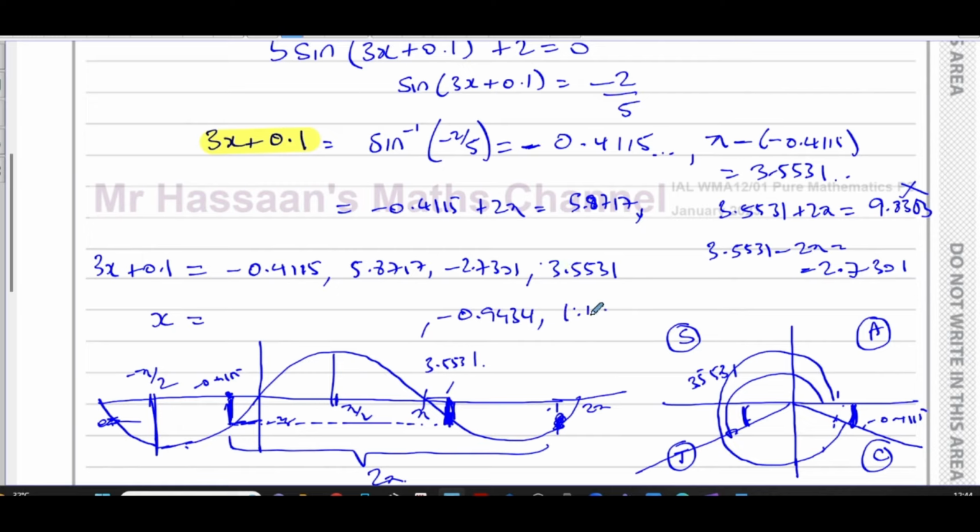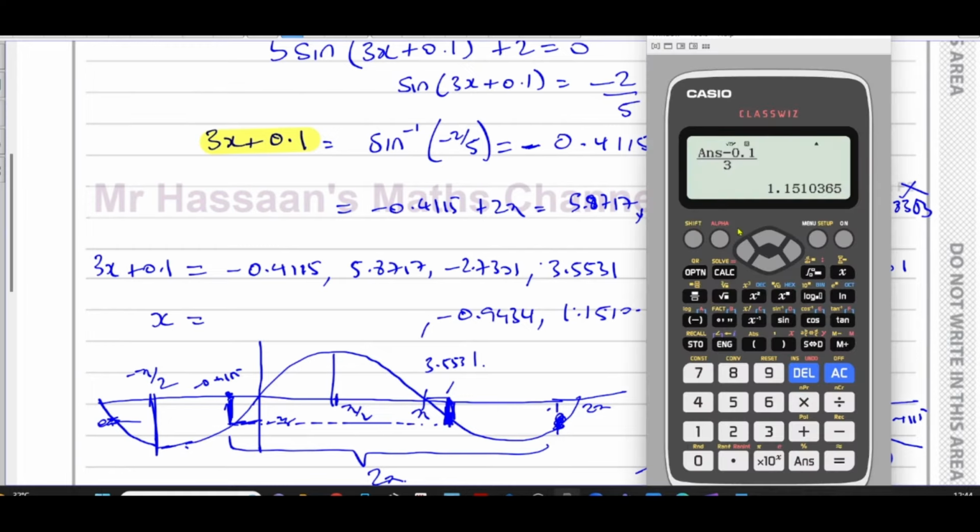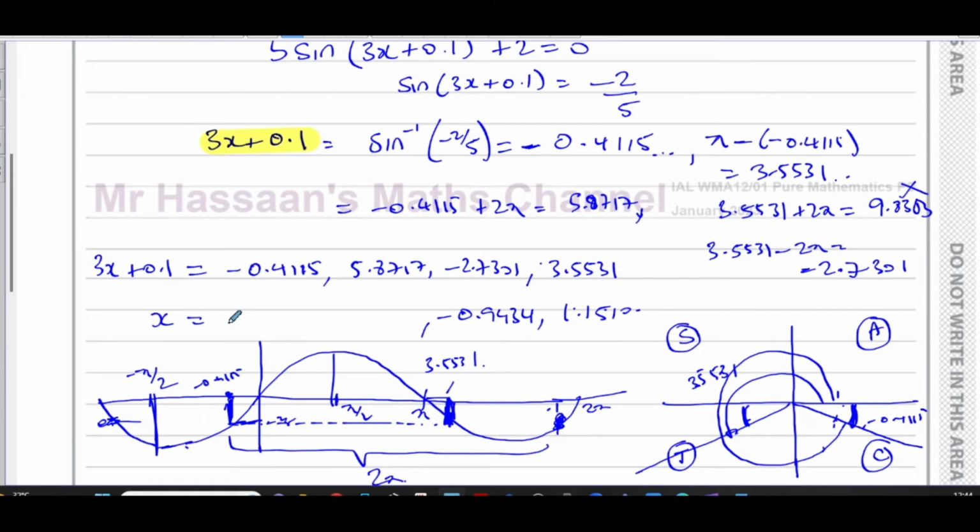1.1510. And then I've got to take these two answers as well. So I'm going to have this answer. I'm going to take away 0.1, and then I'm going to divide by 3. So that gives me negative 0.1705.